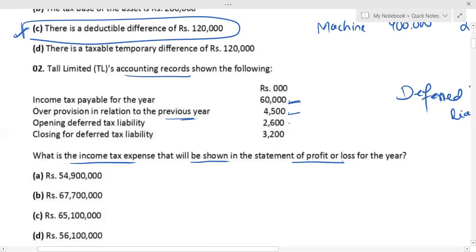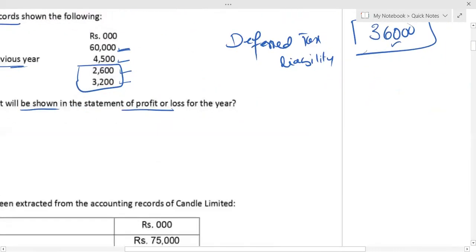Opening deferred tax liability is 2,600 and the closing deferred tax liability is 3,200. So it can be seen that there is an increase in the deferred tax liability. Increase in deferred tax liability will increase your income tax expense. Please look at this.